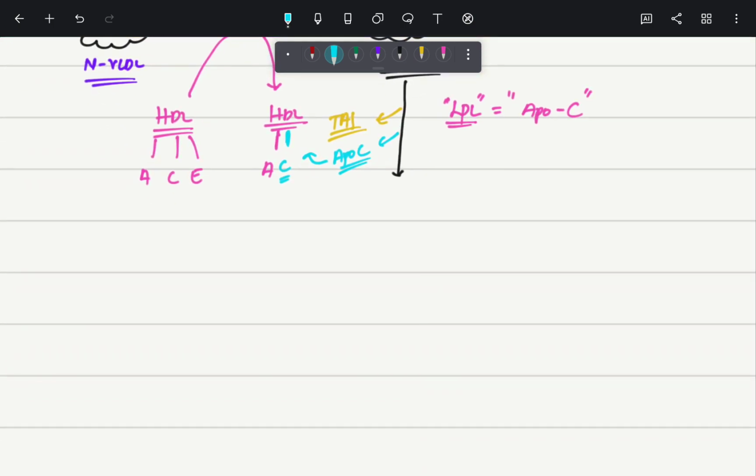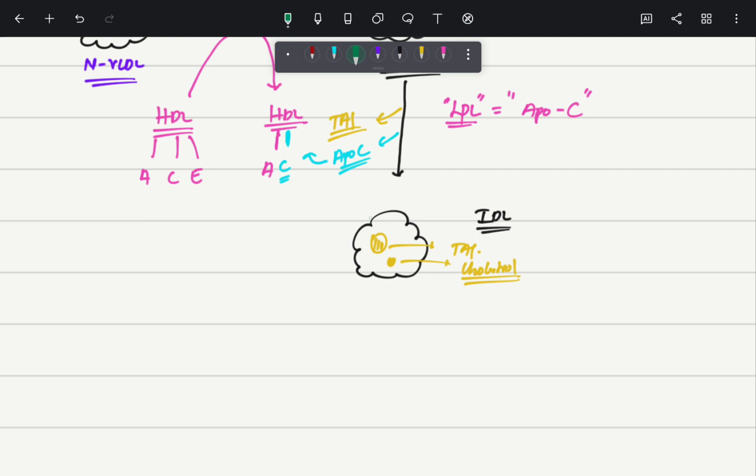Now the newly formed compound is your intermediate density lipoprotein, which will have little bits of triacylglycerols and cholesterol in it.